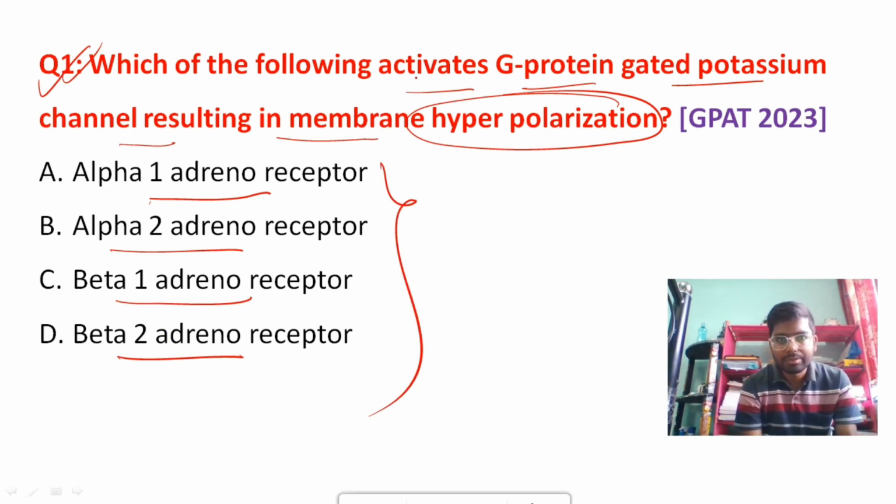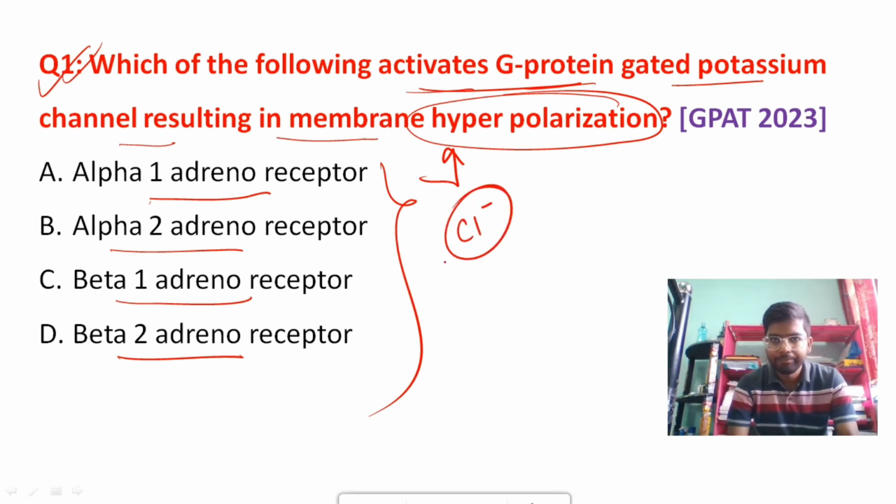The question is asking which of the following adrenoreceptors causes hyperpolarization. What is hyperpolarization? Hyperpolarization means chlorine will enter your cell and potassium will efflux out from your cell. These two events cause hyperpolarization.